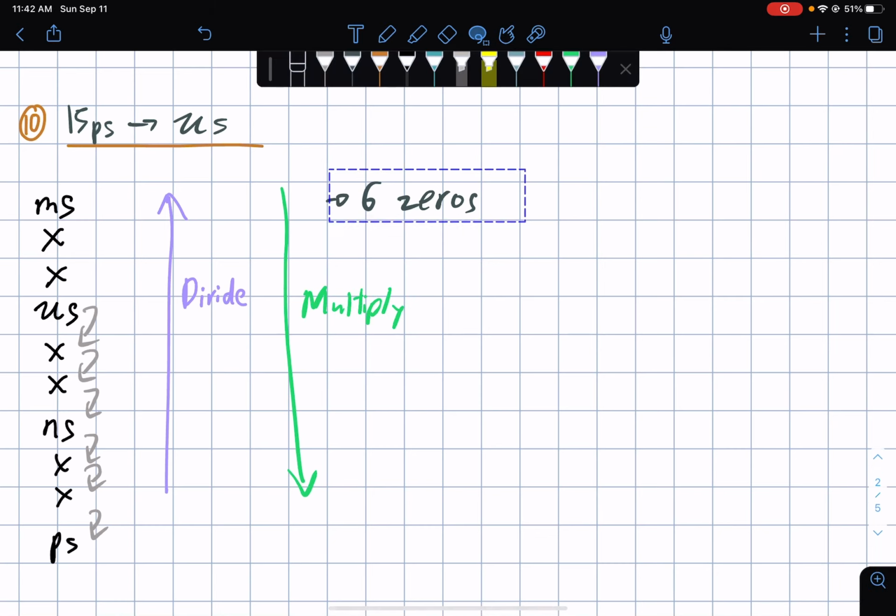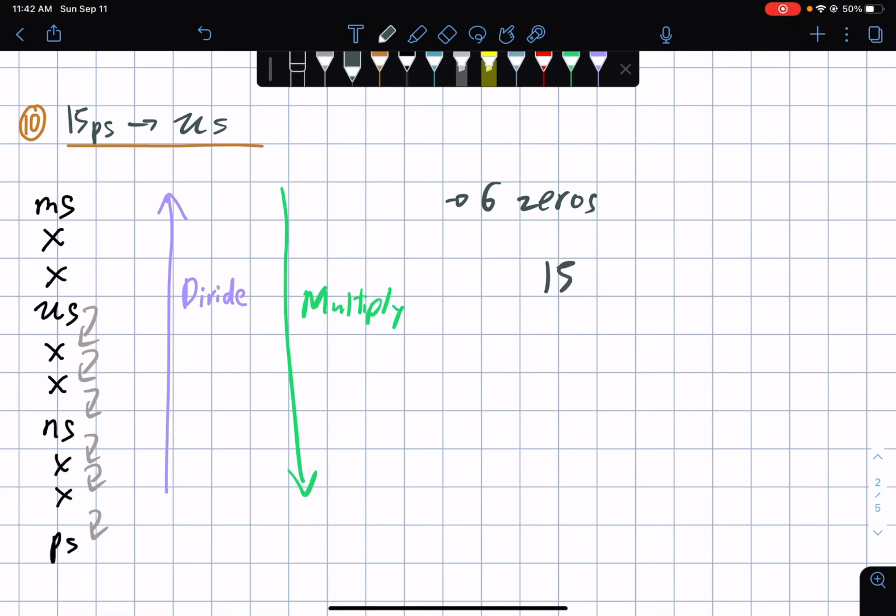So in that sense, in this case, we come from picoseconds all the way to microseconds, which is going up, so we divide. What do we divide? Our numerator will always be the current one, which is PS.